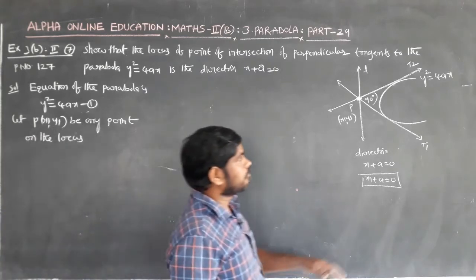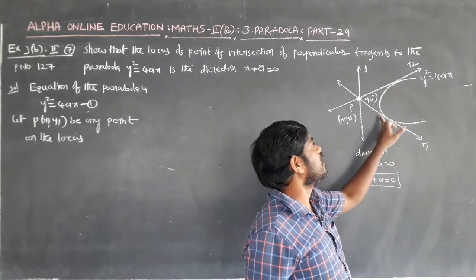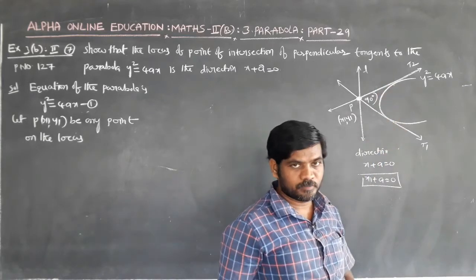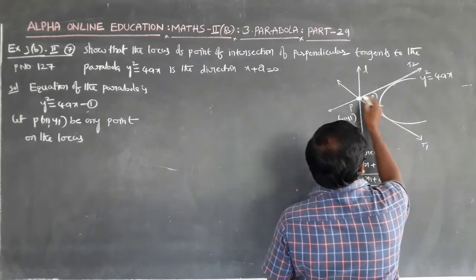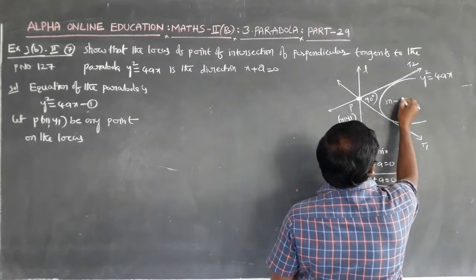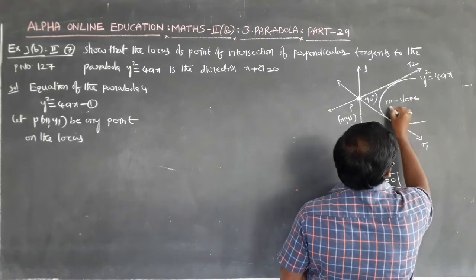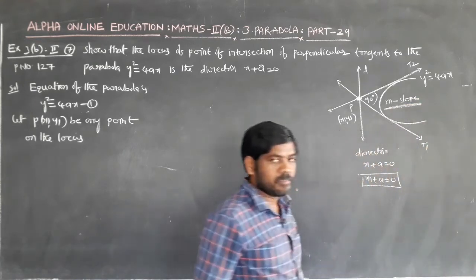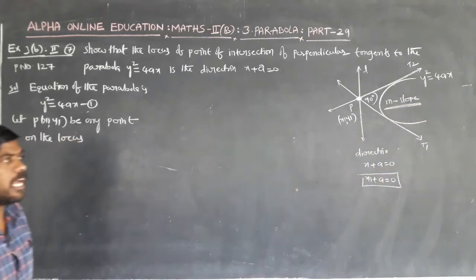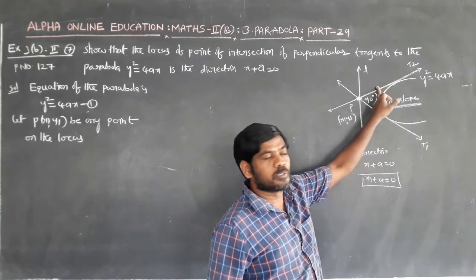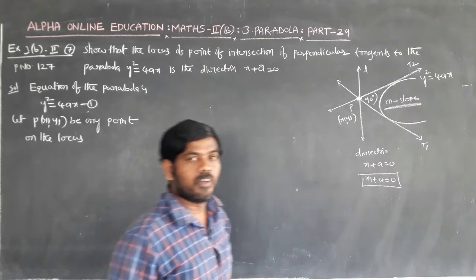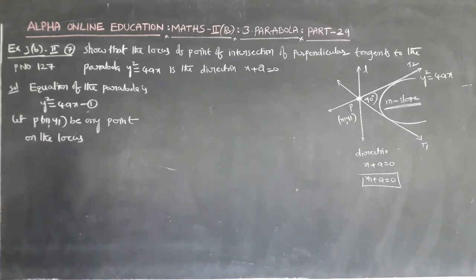Here first of all find the equation of the tangents. Let m be the common slope of the two tangents. Find the equation of the tangent to the parabola y square is equal to 4ax having slope m.